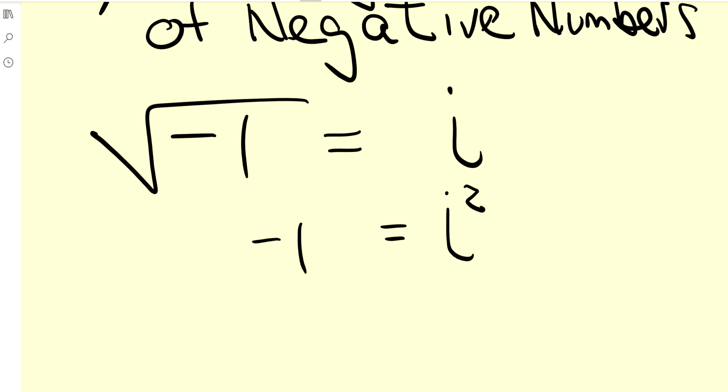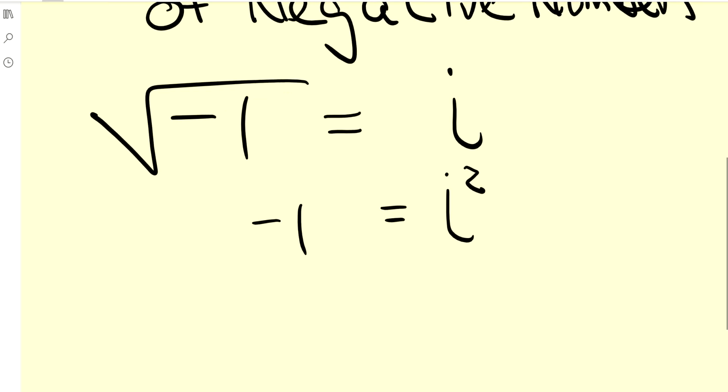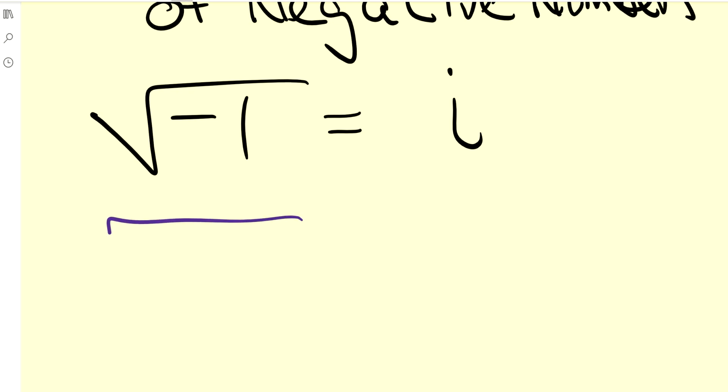So the way this works really is this. I can kind of show you here. If I wanted to simplify the square root of negative 1, I could write it as the square root of negative 1 times 1.